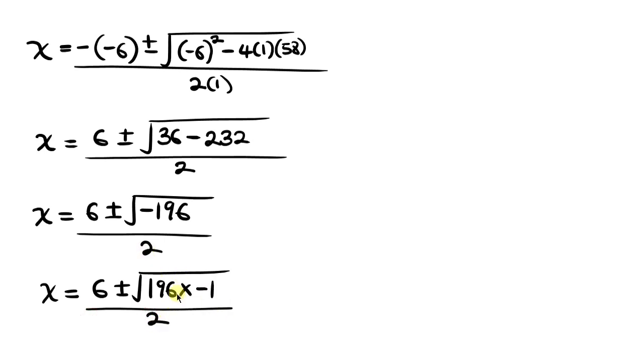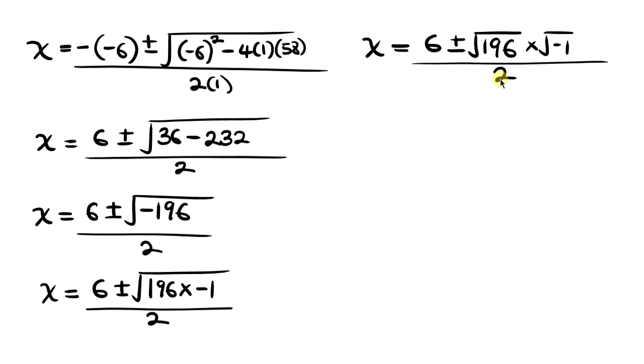And if we have to separate the square root, this can be written as x equal to 6 plus or minus the square root of 196 times the square root of -1 all over 2. So we're going to be having x to be equal to 6 plus or minus the square root of 196, which is actually 14, times the square root of -1, which is iota. So I'm going to be having 14 iota all over 2.